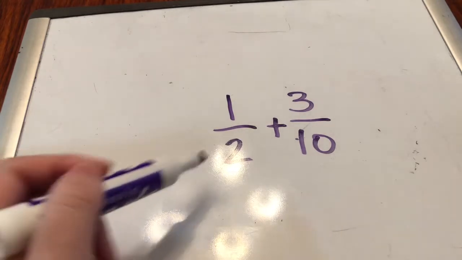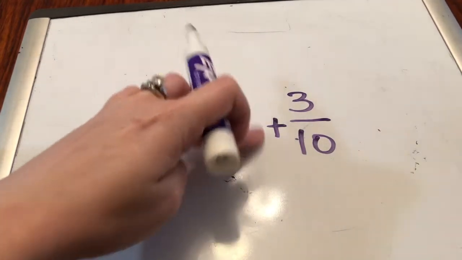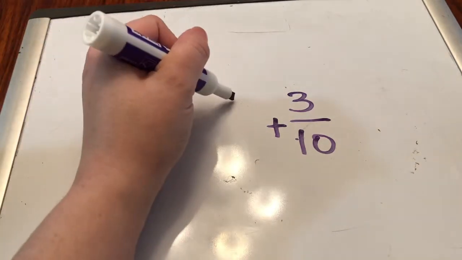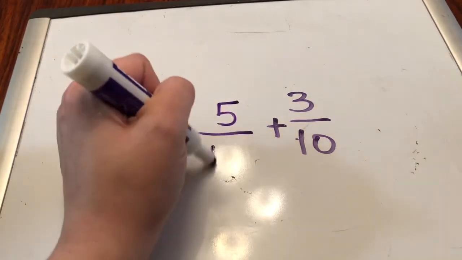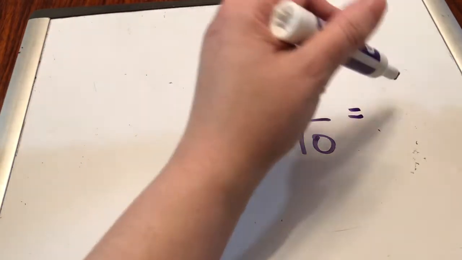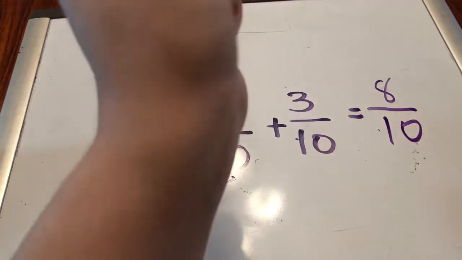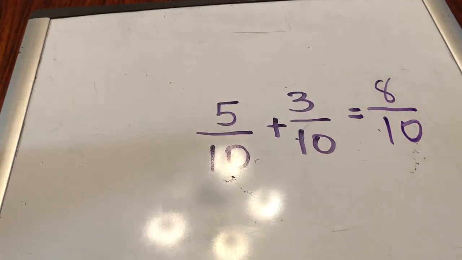So 1/2 plus 3 tenths. We turned our half into 5 tenths. So then 5 tenths plus 3 tenths is 8 tenths.